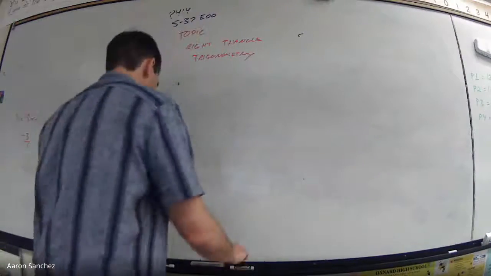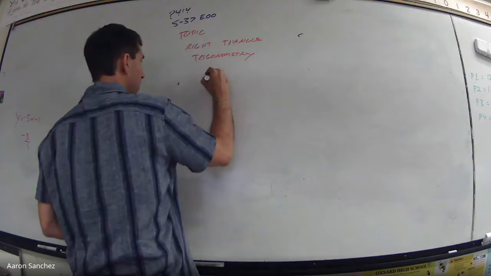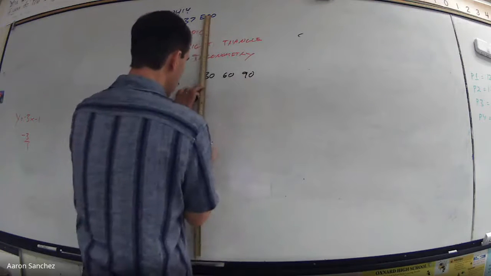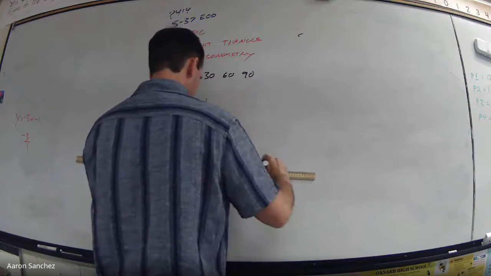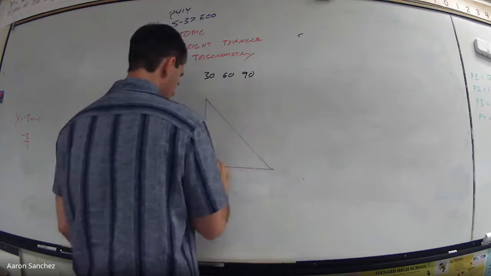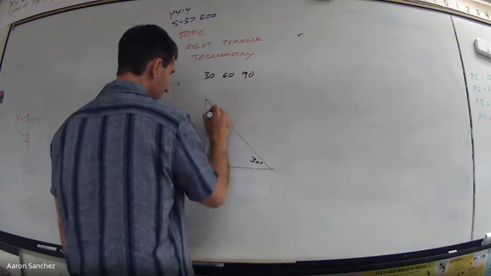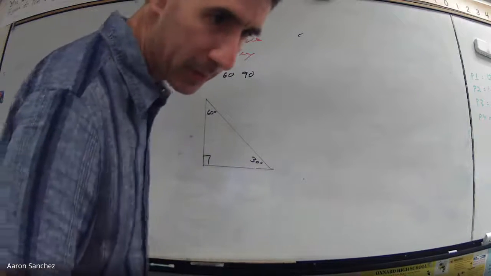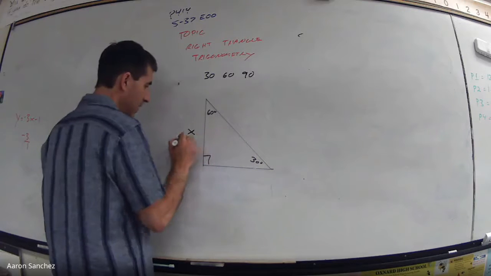So here we go. Let's talk about the 30, 60, 90 triangle. The 30, 60, 90 triangle is a ratio. If I have a triangle that looks like this, and say this side is 30 degrees, this side is 60 degrees, and this side is 90 degrees, they add up to 180 degrees, right? Let's say that this side is x.